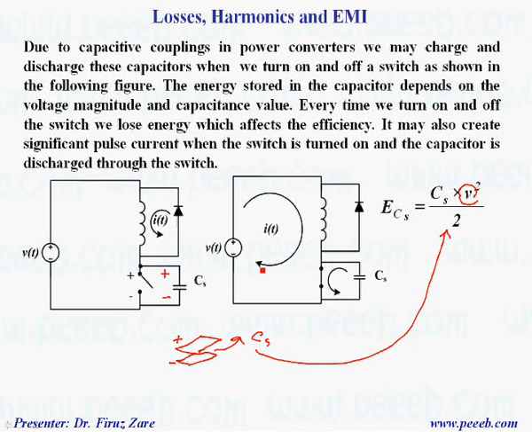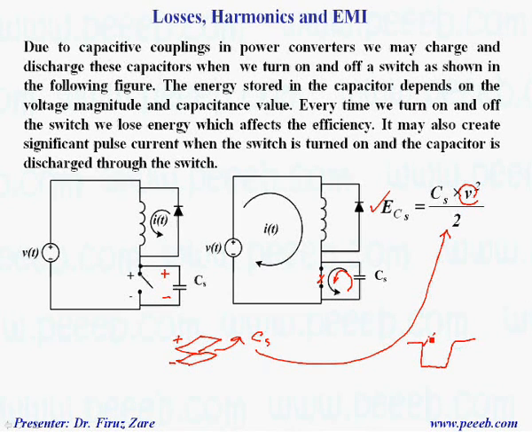So what happens when we turn on the switch? In this case we discharge the current through the switch. There are two issues. Again, we lose this energy. That means over one cycle, if we turn on and turn off, every time we charge and discharge the capacitor. The second is that when we turn on and turn off, that will be the voltage waveform.